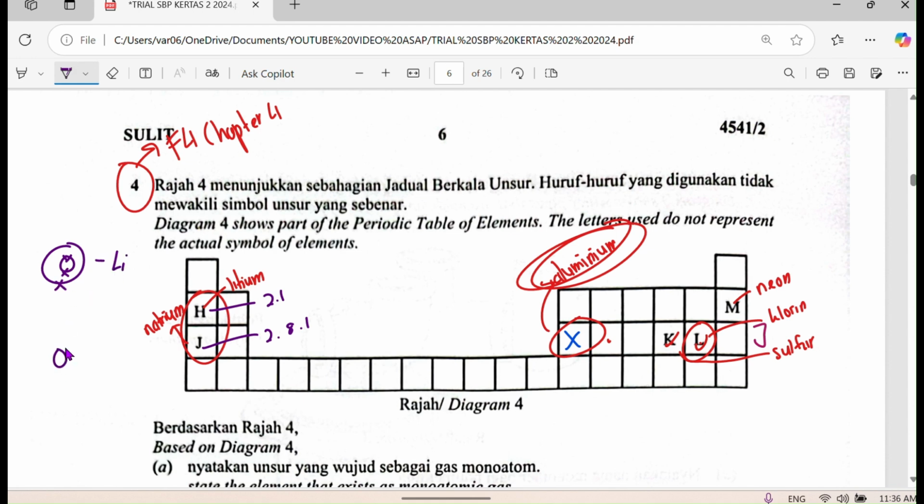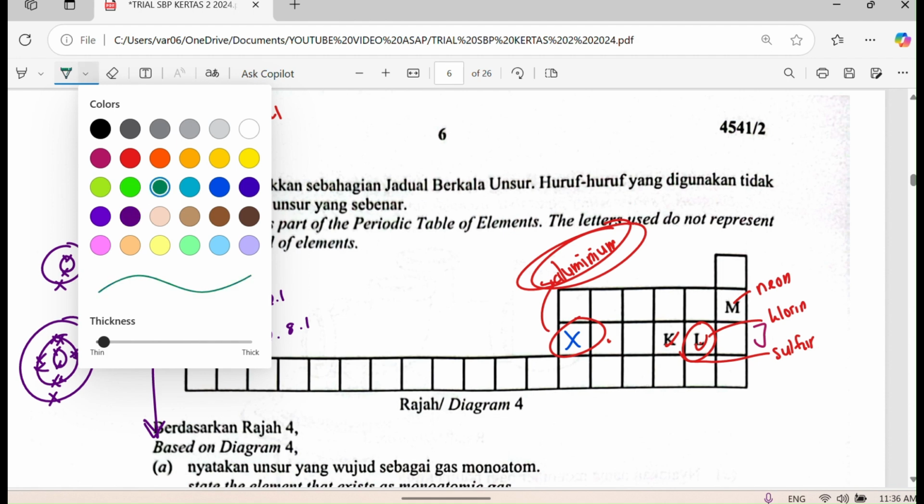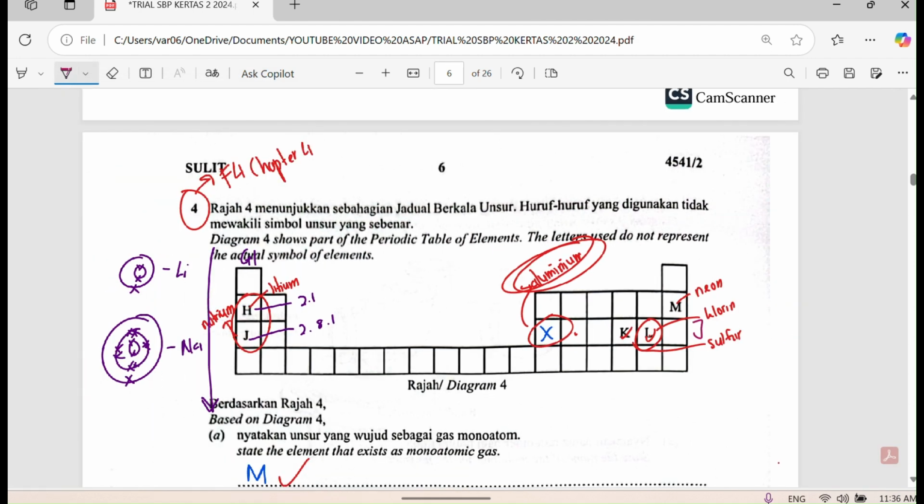This is your lithium. Natrium. When you go down group 1, as you can see here, the bilangan petala semakin bertambah, correct? Lithium has only 2 petala, natrium has 3 petala.